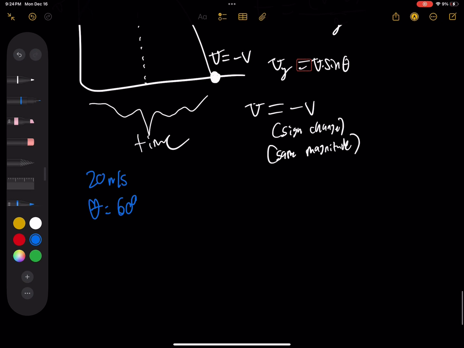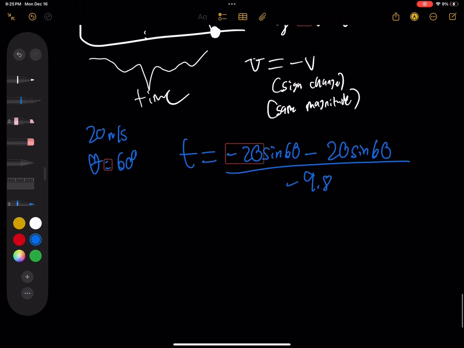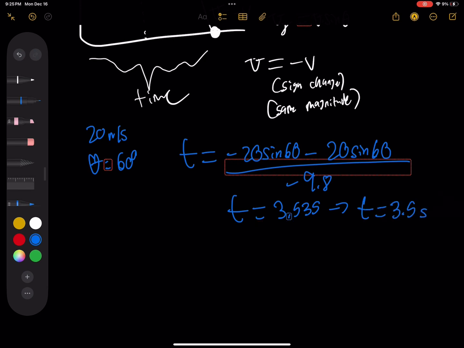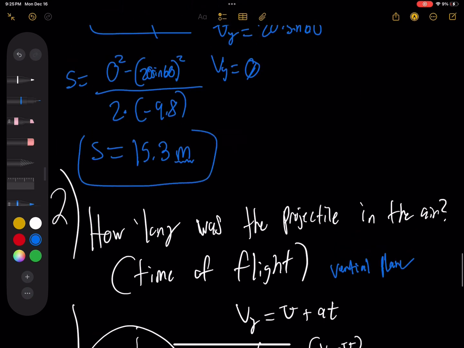Plug it in where t is equal to negative 20 sine 60 minus 20 sine 60 over negative 9.8, gravity is going down, which is equal to 3.535, so t equals 3.5 seconds. Did I circle my other one? Okay.